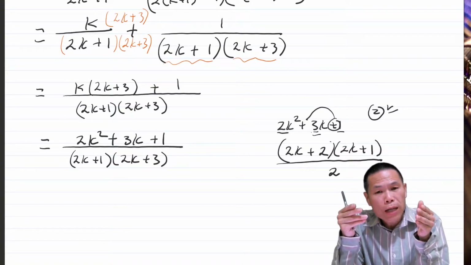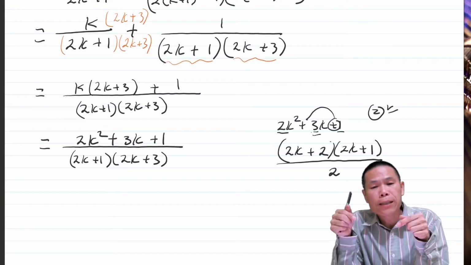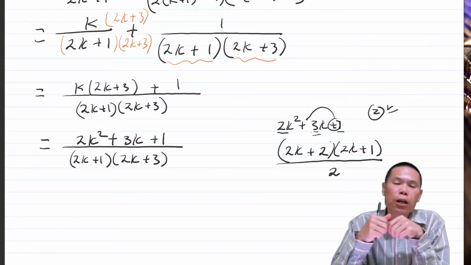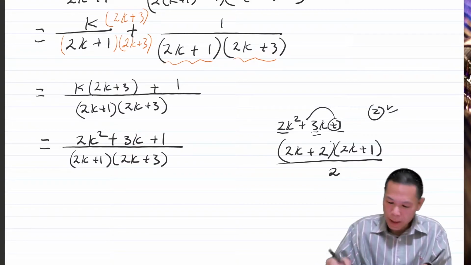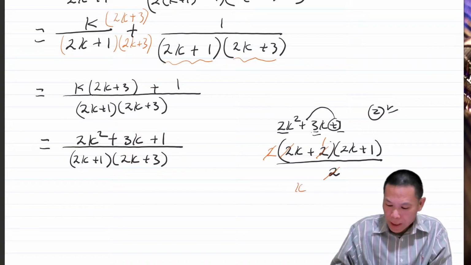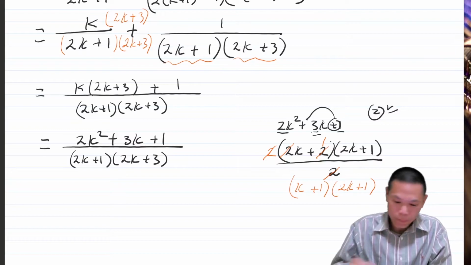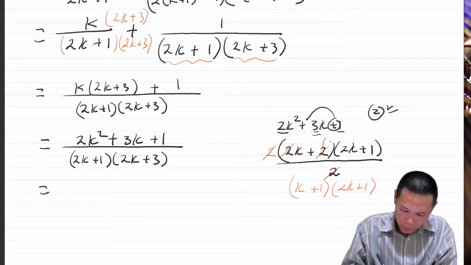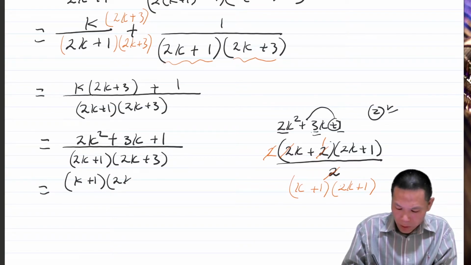Now, if you need to practice more on these factorizing skills, so please go to the description below and then click on the link. So let's get into this now. So what I do, I take the common factor out, which is 2, and this is 1. And these 2 cancel out. So which is k plus 1 and then 2k plus 1. So that is equal to k plus 1, 2k plus 1.